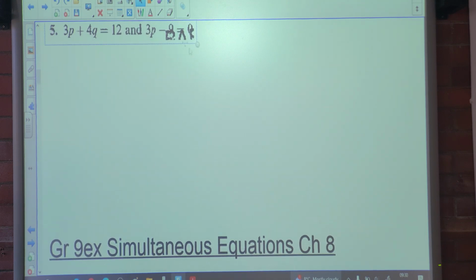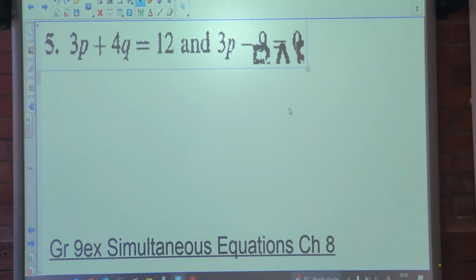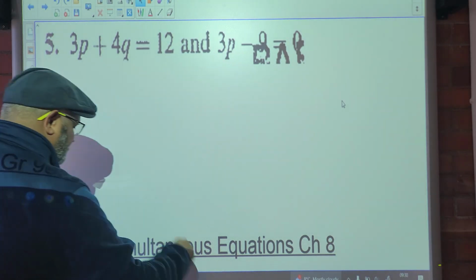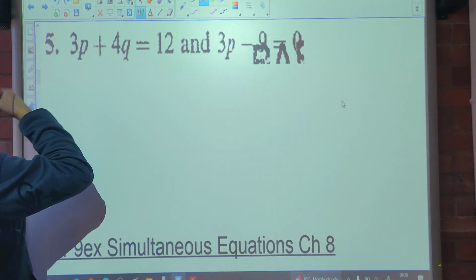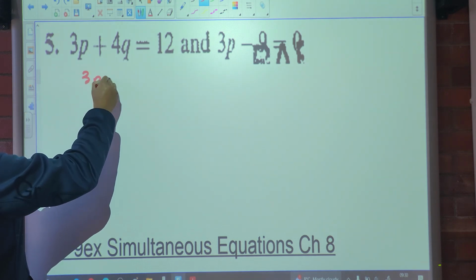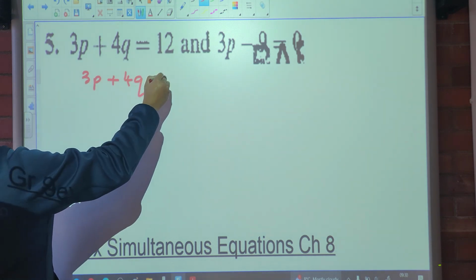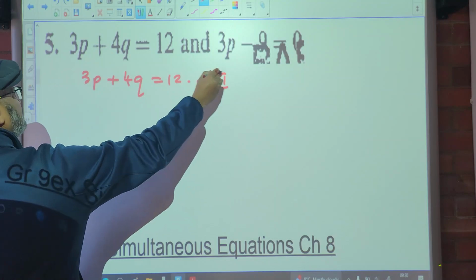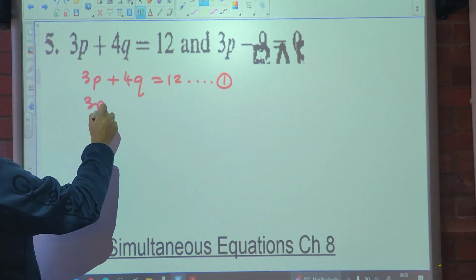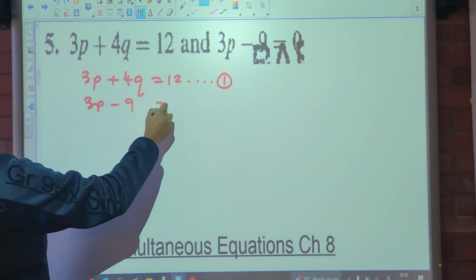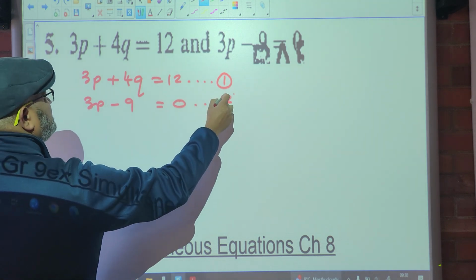Number 5. We have 3p plus 4q is equal to 12. This is equation 1. And then we have 3p minus 9 is equal to 0 as equation 2.